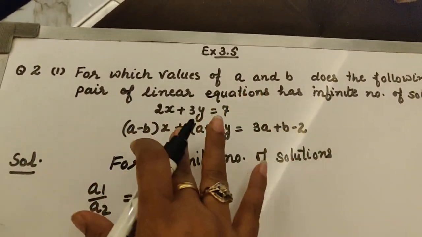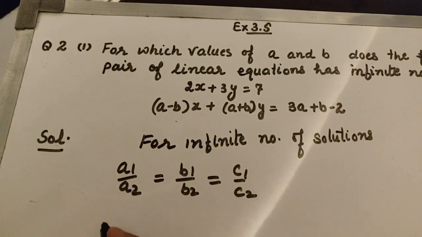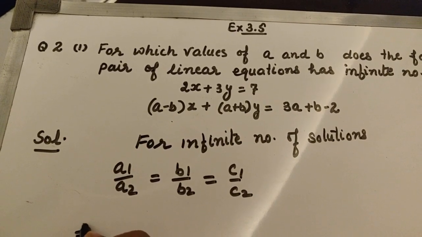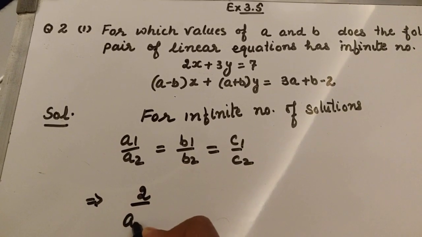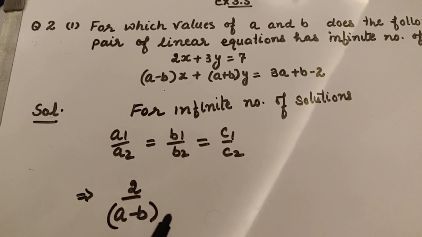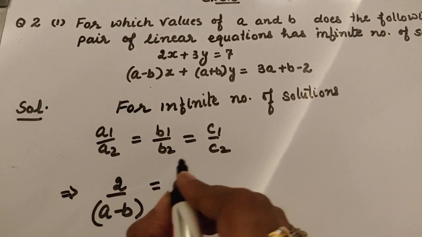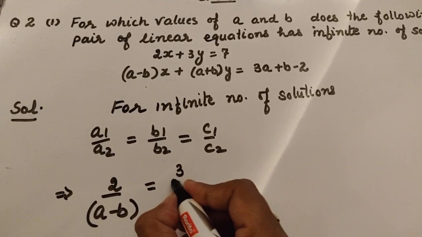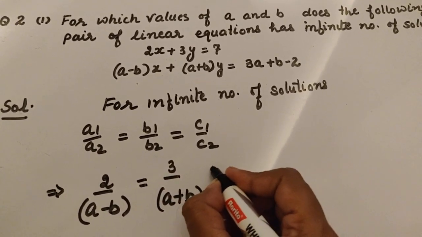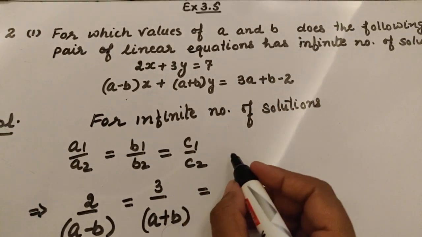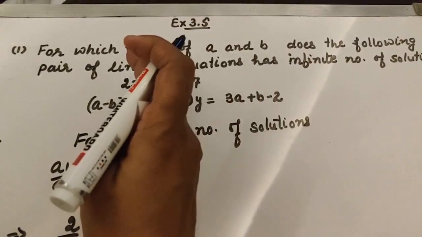Now we will look for A1, A2, B1, B2 and C1, C2 of our question, right? So this implies 2 upon (A minus B). Don't forget to write binomials in brackets. जब आप ब्रैकेट में लिखोगे आपकी मिस्टेक नहीं होगी बच्चे. 3 upon (A plus B) is equal to, don't forget that in your standard form these numbers are on the left hand side, right?